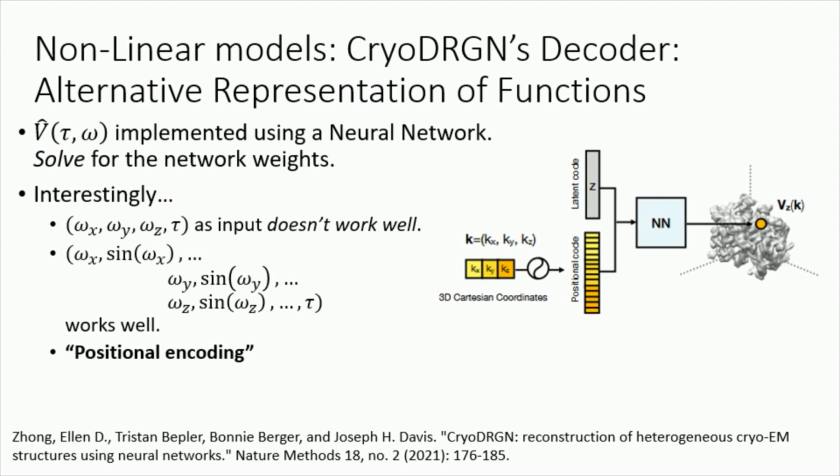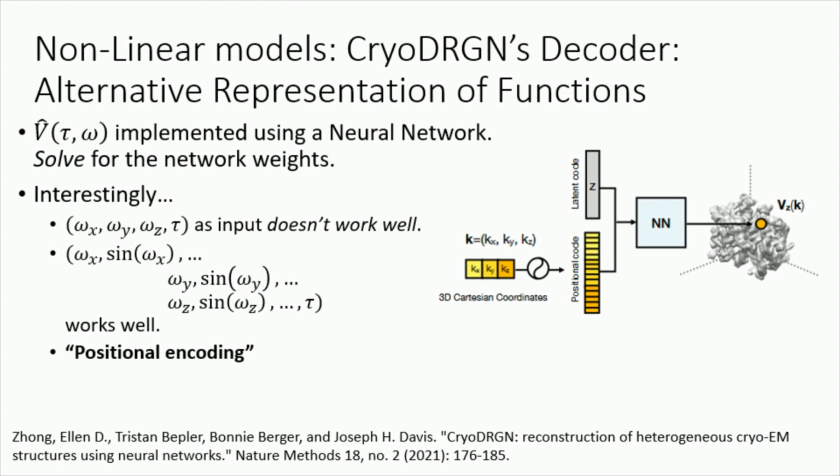What Cryo-Dragon does, and I don't need to talk that much about Cryo-Dragon because it was presented today, there's I think two big innovations there. One is this completely different way of representing the functions, not the way analysts would usually do.